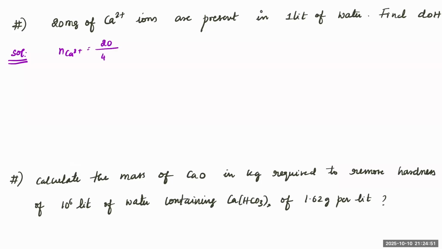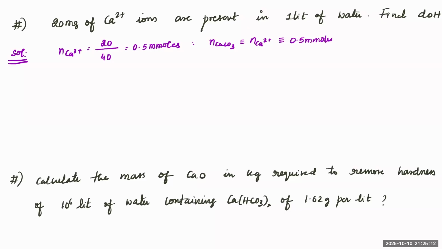Calcium is 40, so that is 0.5 millimoles of calcium 2 plus. So the number of moles of calcium carbonate equivalent will be the same as the number of moles of calcium 2 plus, which is 0.5 millimoles.